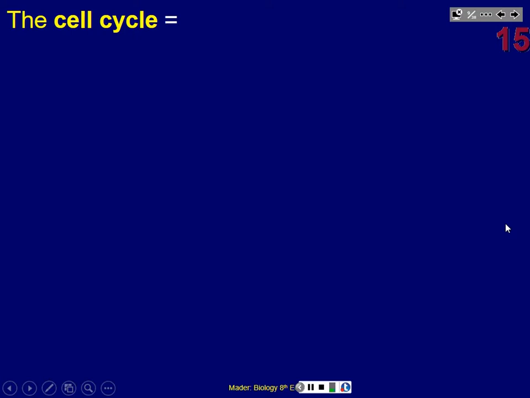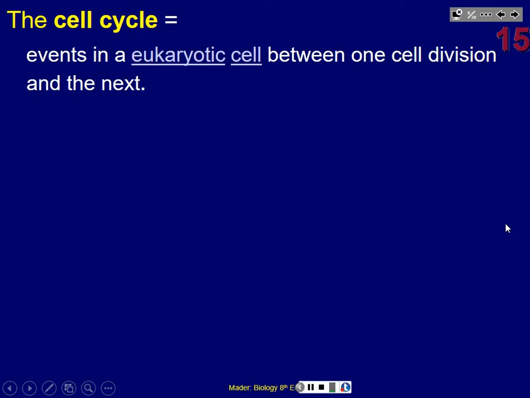Okay, so earlier in the semester, when we were talking about cell size, we talked about the cell starting out small and growing and growing and then dividing, and I even walked from one side of the room to the other. That period of time from when a cell comes out of division until the cell divides again is called the cell cycle.